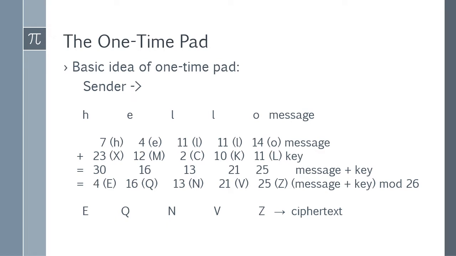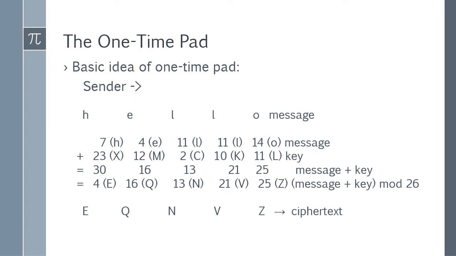So suppose the key material begins with XMCKL and the message is hello, then the coding would be as follows. So we would take the letter numbers and add them.